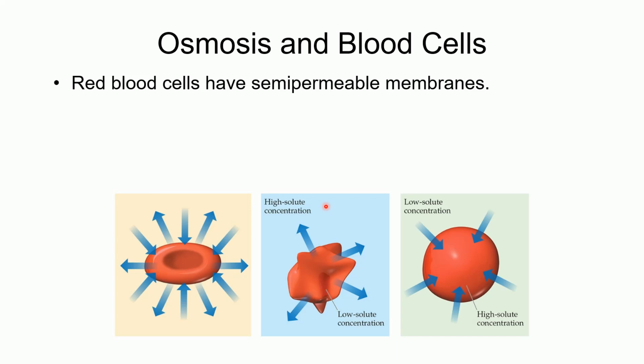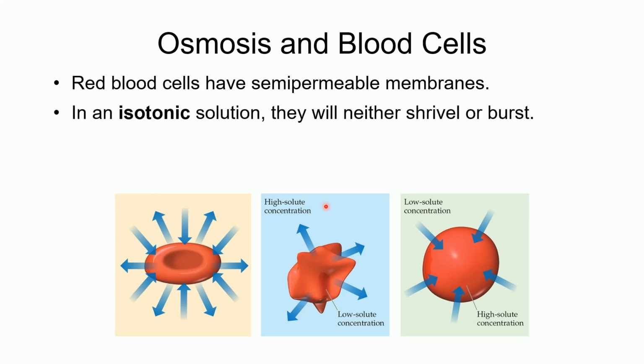And then the solution that is around those red blood cells has the same concentration of solutes in it as is inside. And when it has the same concentration inside the cell and outside the cell, as I mentioned before, that is called an isotonic solution. You get the same amount of flow of solvent into the cell as you have going out of the cell, and so you don't build up pressure and it doesn't cause it to shrivel up.